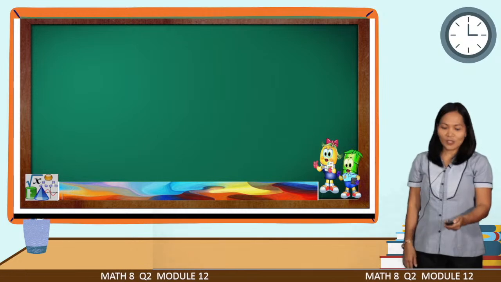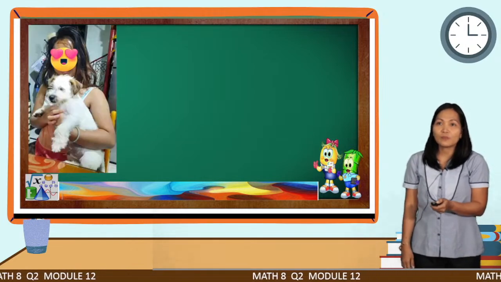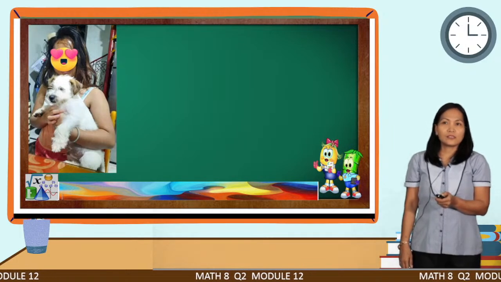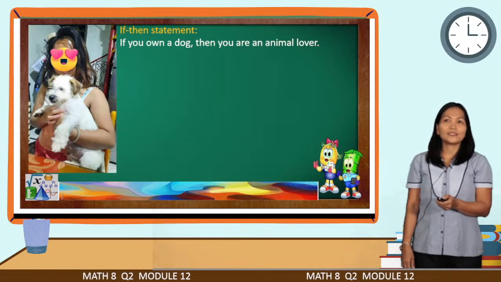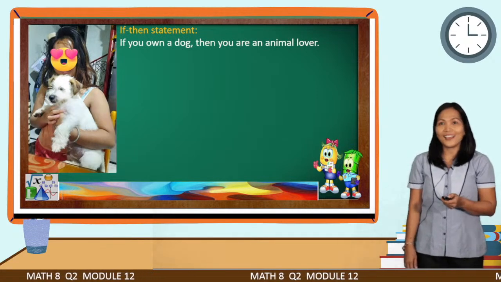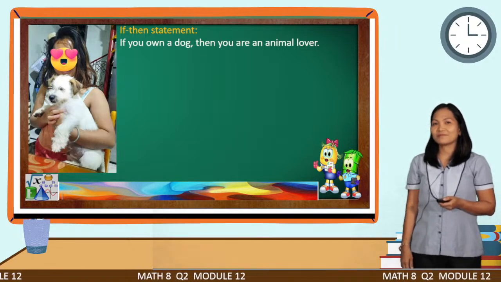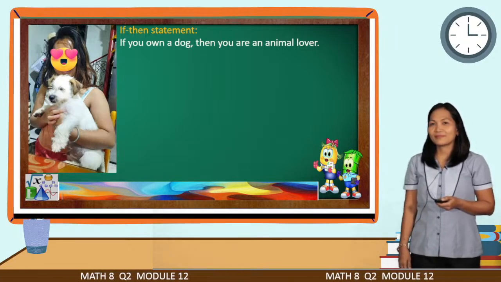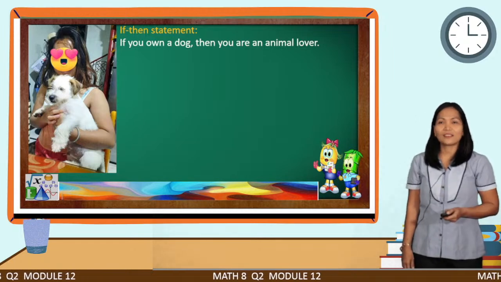Okay, so let us form an if-then statement using this picture. So, if you own a dog, then you are an animal lover. How about its converse? Yes, what's in your mind is correct.